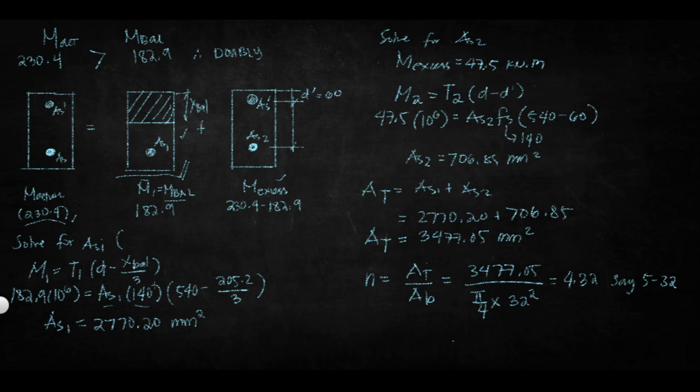Okay? So, next is, using this formula, we are now ready to solve AS1. So, AS1 is equal to 2770.20 millimeter square. Okay, so maliwanag pa. So, this is for AS1.